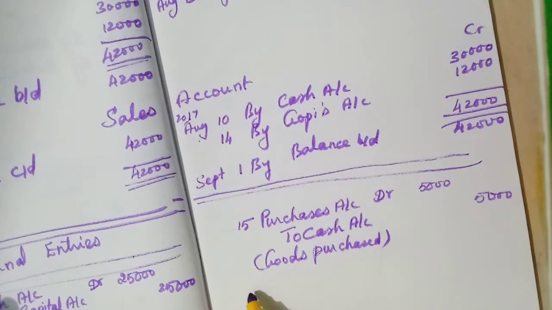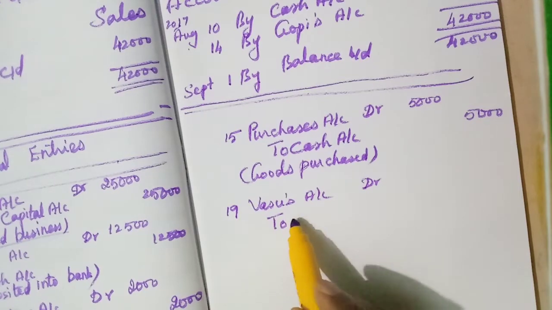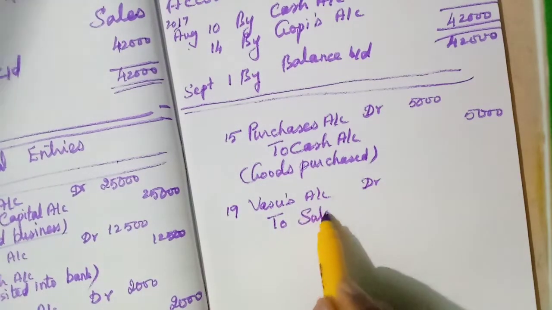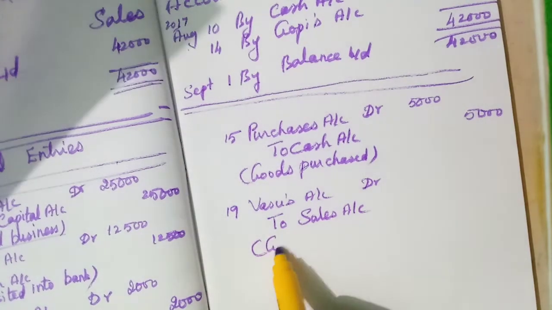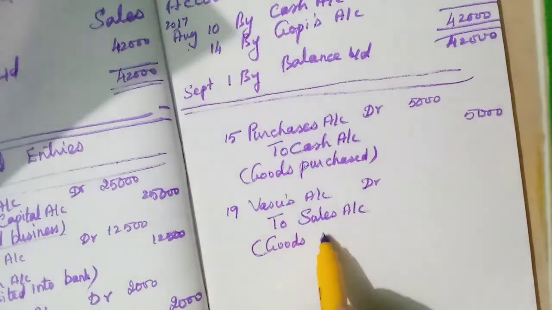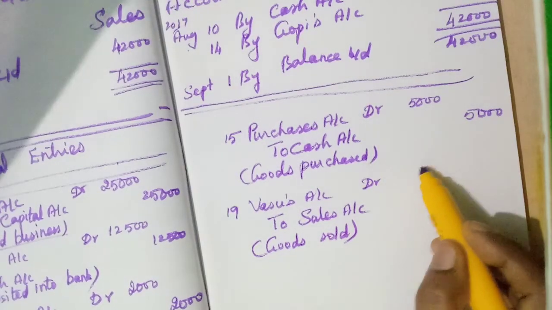Then 19 date. Sold goods to Vasu on credit. Here Vasu is receiving. So Vasu's account debtor to goods sold, that is sales. So sales always should be credited to sales account. So goods sold. Okay, here 4,000.